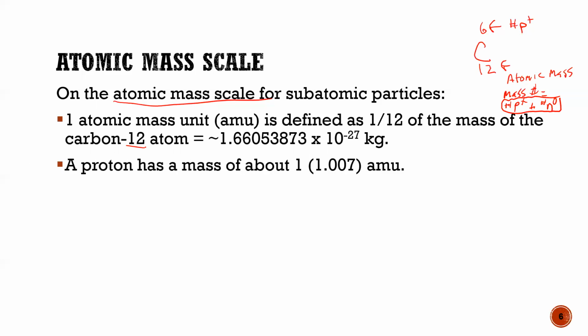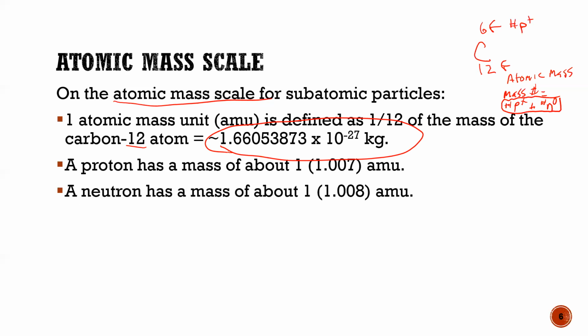But basically a proton has 1 AMU, and it's a lot easier to just say 1 AMU because this is a mouthful. This is a lot to say. So we just say a proton is roughly 1 AMU. A neutron is roughly 1 atomic mass unit, which again, that mass is really small, 1.66 times 10 to the negative 24 grams, or 10 to the negative 27 kilograms.